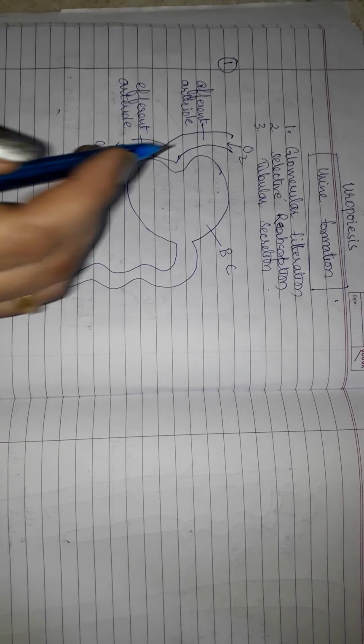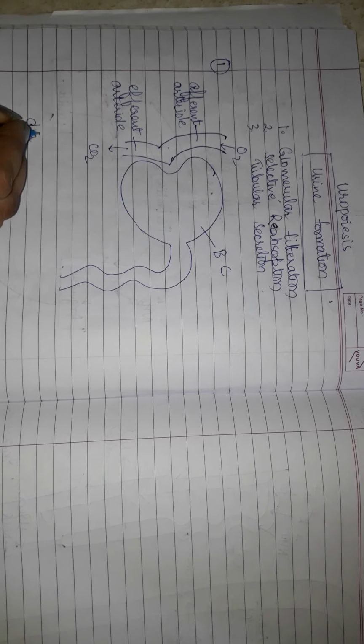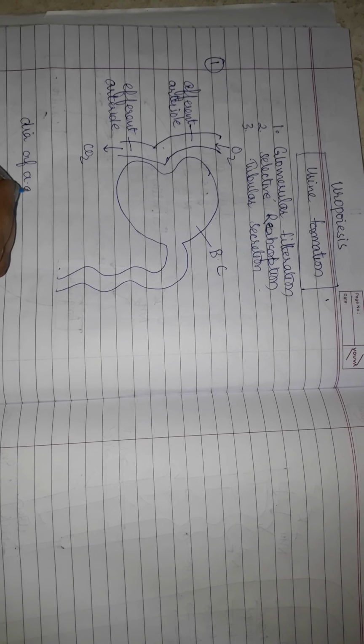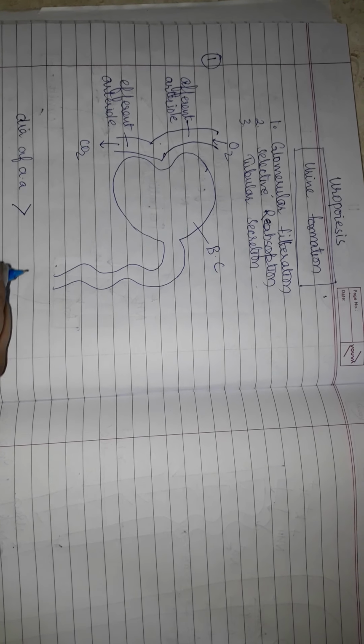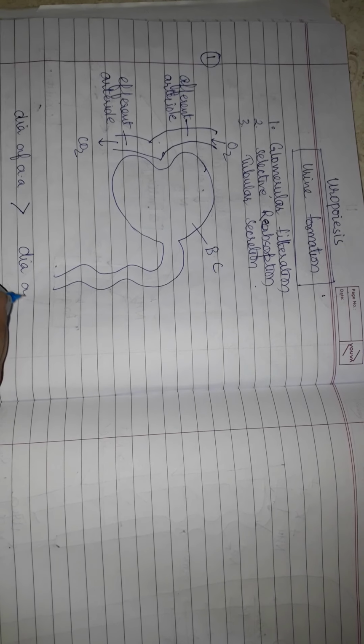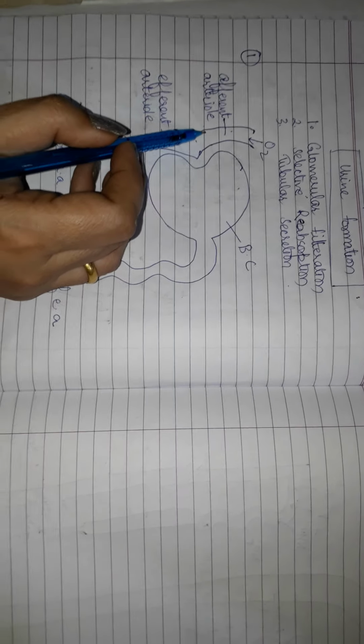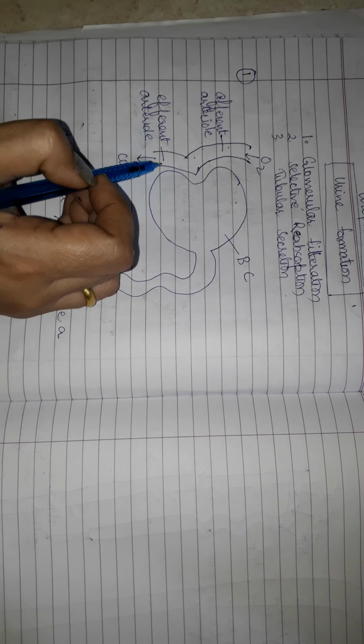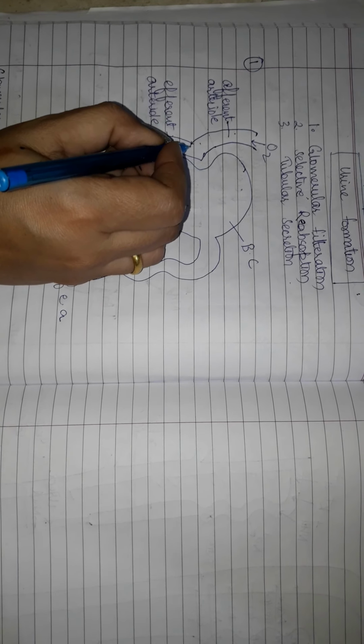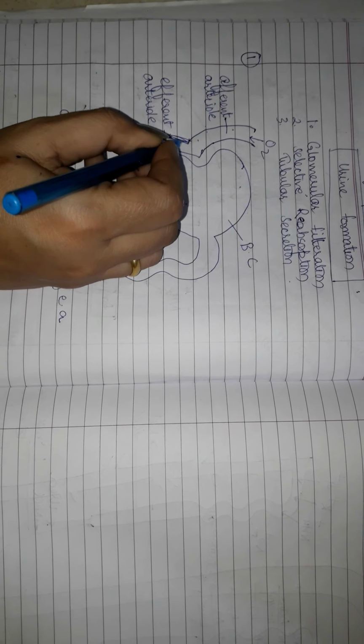Blood is entering. You can see the diameter of the afferent arteriole is greater than the diameter of the efferent arteriole. The blood vessel which is bringing in blood has a wider diameter than the blood vessel which is taking away the deoxygenated blood.